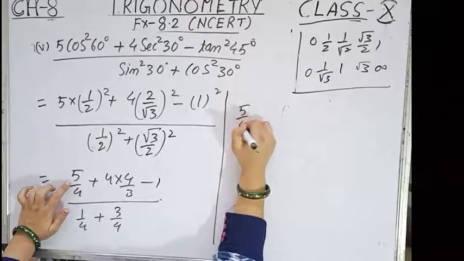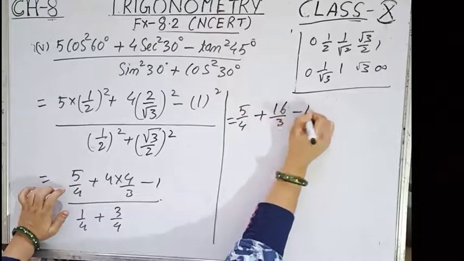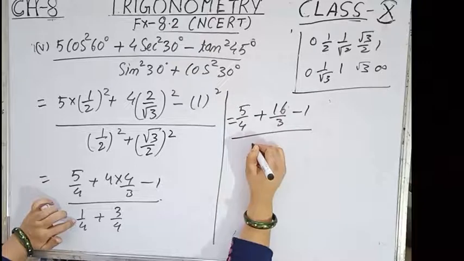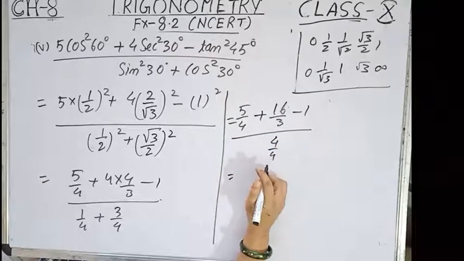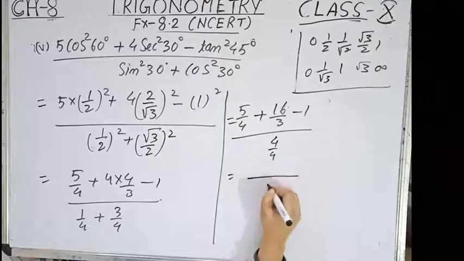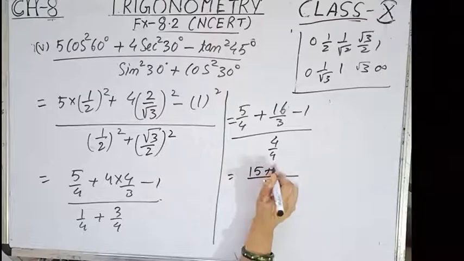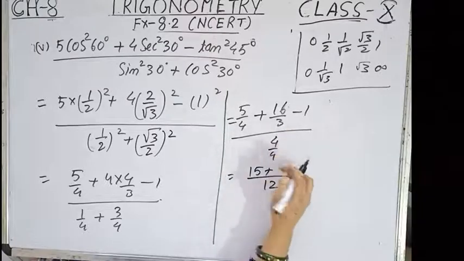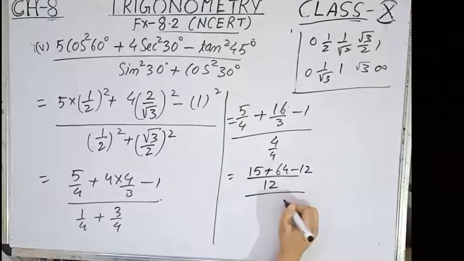So this will be equal to 5 by 4 plus 16 by 3 minus 1, divided by 4 by 4, that is equal to 1. Denominator is 1. Now this one, numerator, 4 3s are 12 and 3 5s are 15, 3 4s are 12 and 16 4s are 64, and minus 12, divided by 1.